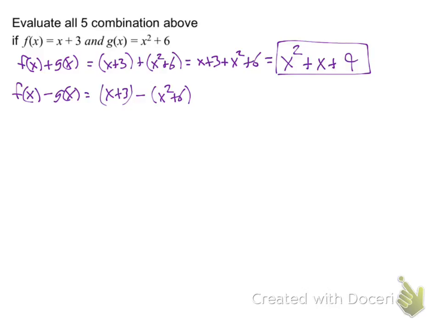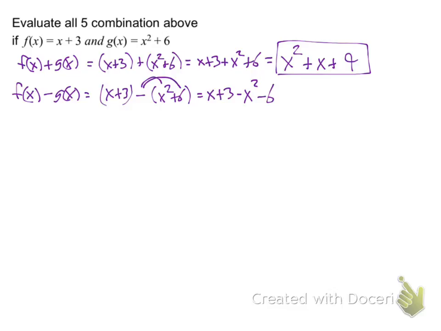Yes. Does the first set need them though? No. That stays x plus 3. But here, with this negative sign, I need to distribute. So it actually becomes a negative x squared and minus 6.